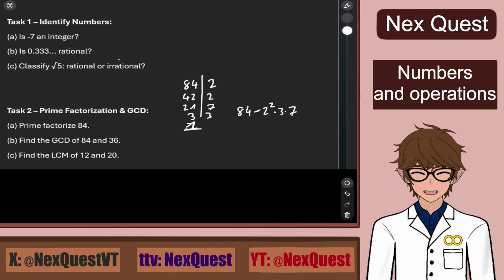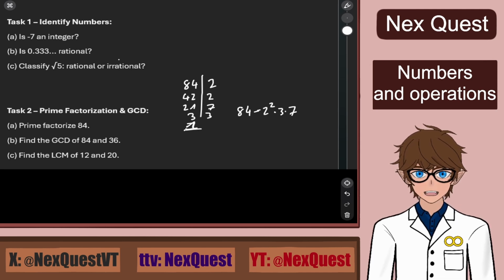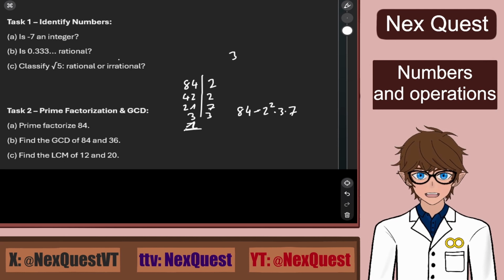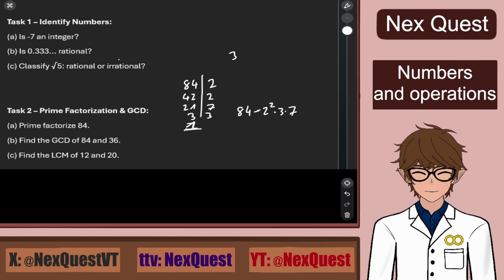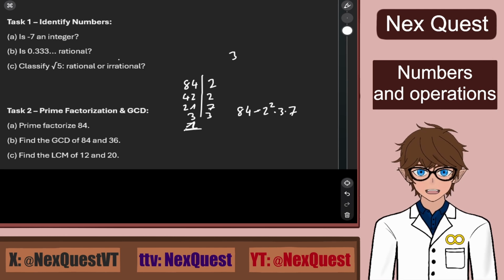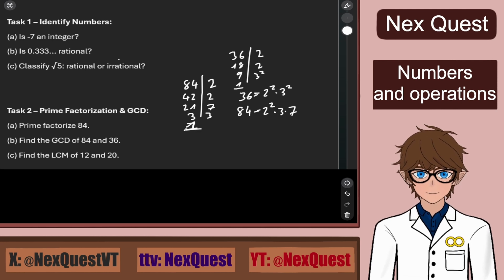And either of these two would be a sufficient result as long as you show that these are the prime factors of this number. Now find the greatest common divisor of 84 and 36. We do the same thing for 36. 2, we get 18, 2, we get 9, and 3 squared, so we simplify the process.